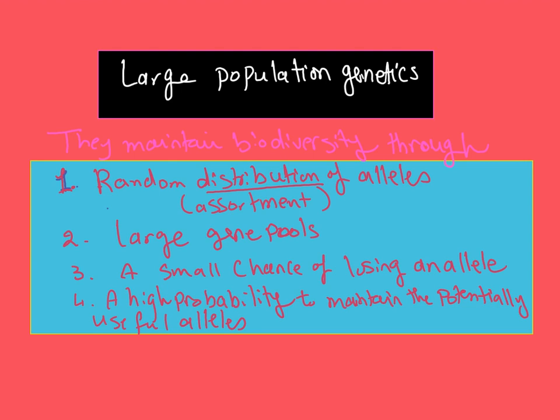How can biodiversity be maintained in a large population? First, random assortment of alleles; two, large gene pool; three, small chance of losing the allele; and high probability of maintaining the potentially useful alleles.